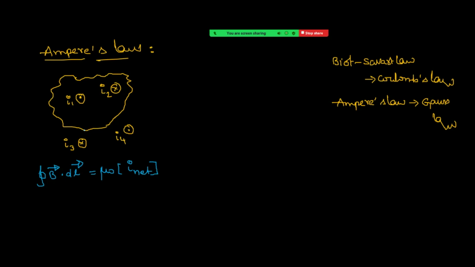You can see in the diagram. This is now the loop. Okay. This is a loop. Now this is the area bounded by that loop. Through that surface or through that area, how much current is passing.